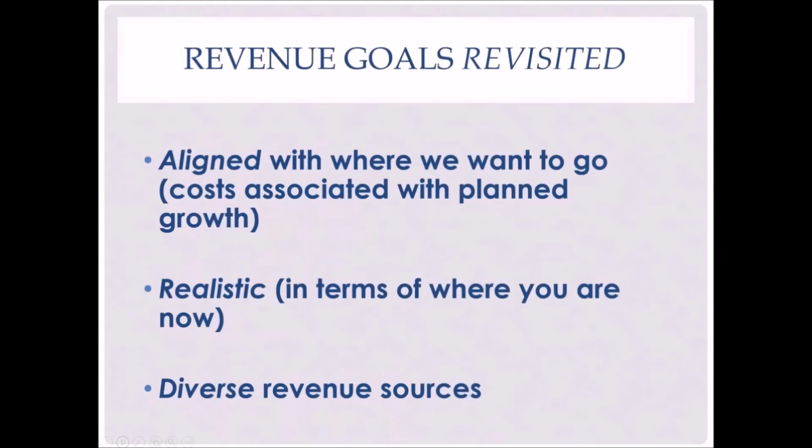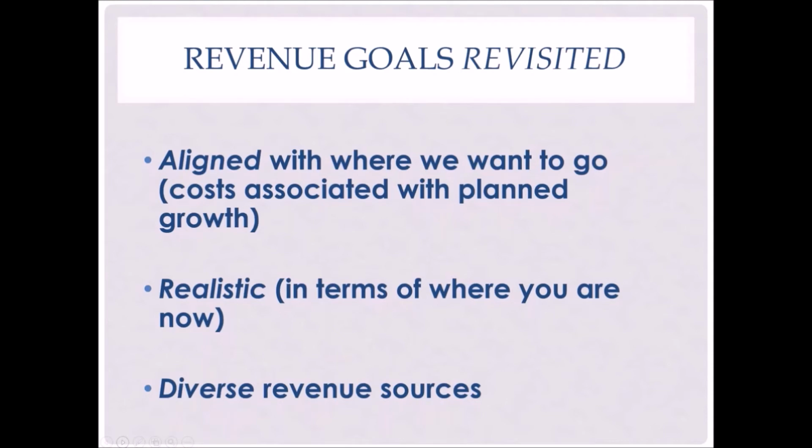So as I alluded to before, after you go through the assessment, I want you to look at your revenue goals again, right? And I know I'm beating a dead horse here, but you want to make sure they're aligned with where you want to go, with the costs associated with your planned growth. But importantly, are they realistic in terms of where you are now?